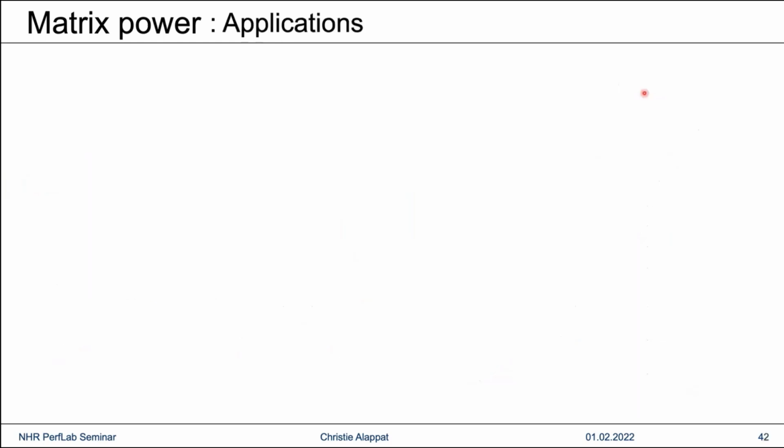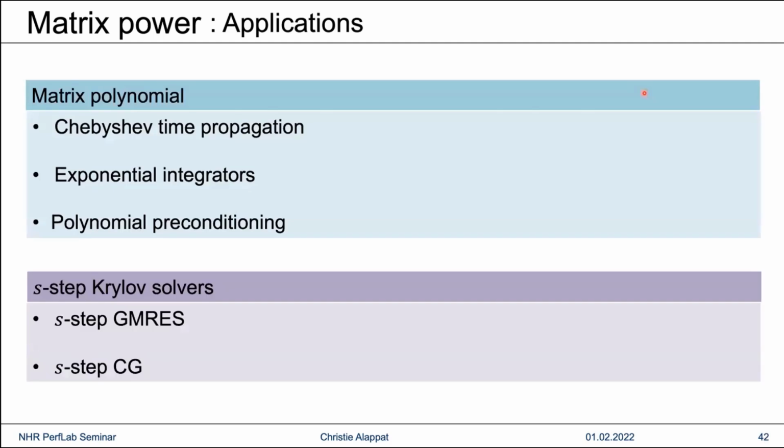Now, as I said, this matrix power cannot be used for all applications. So this is application dependent. However, there are classes of applications where we could use this. One class is when we have to compute a matrix polynomial. The applications under it include Chebyshev time propagation, exponential integrators, and polynomial preconditioning.